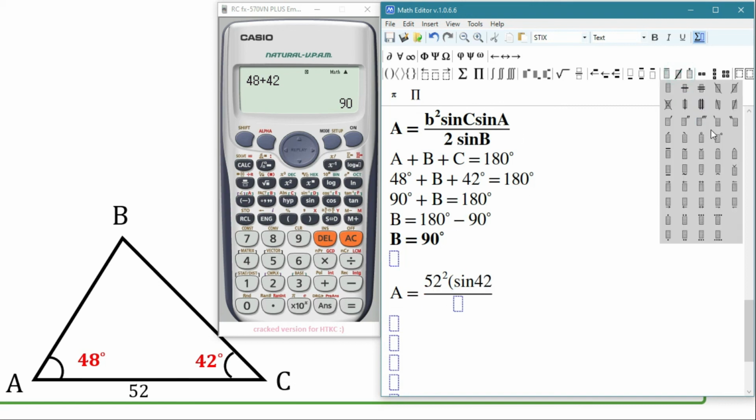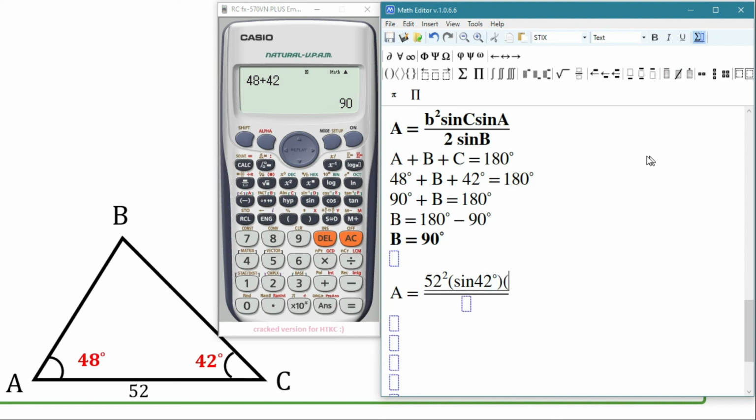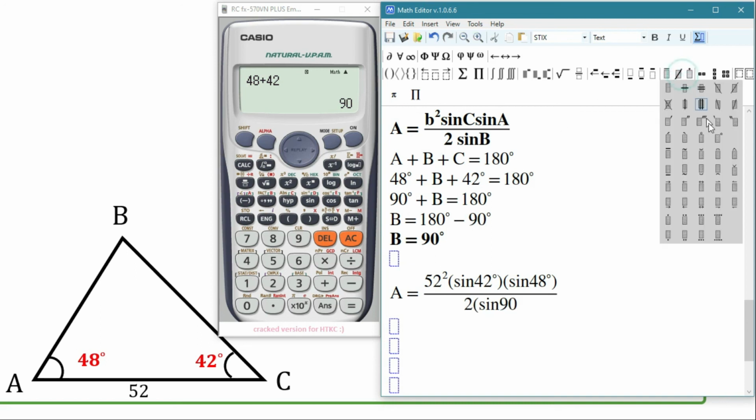The sine of 42 degrees multiplied by the sine of A, that is 48 degrees. So we have the sine of 48 degrees over 2 times the sine of B, which is, yung nakuha natin kanina, that's sine of 90 degrees.